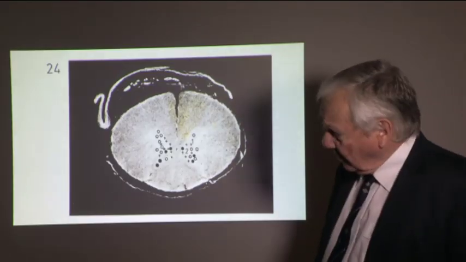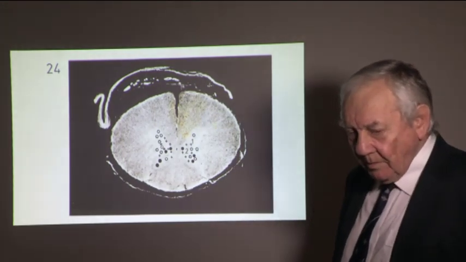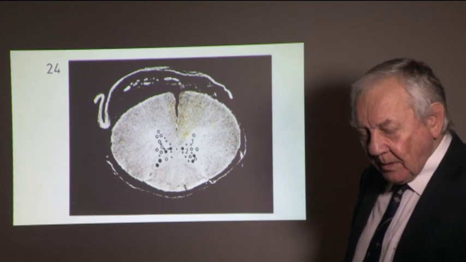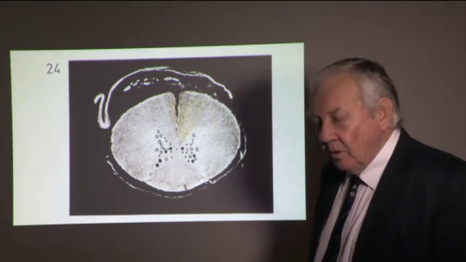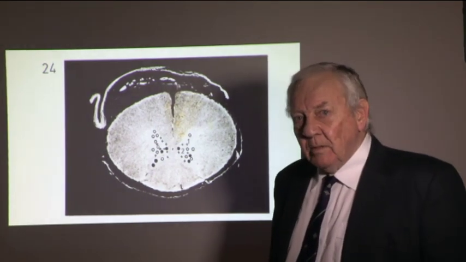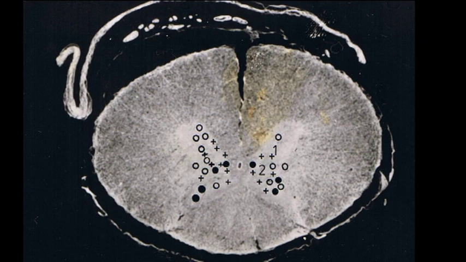Now we come to the spinal cord. Sections were taken from the more cranial parts, the mid part and the caudal parts of the spinal cords, and lesions were found in all parts right down the spinal cord. The explanation for the clinical signs is somewhat controversial in a sense, because lesions are present.